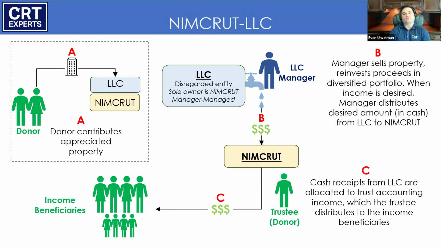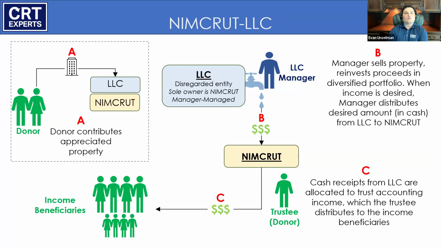The reason why is pretty simple to see. What's triggering the trust accounting income? The cash distributions from the LLC. These are often called spigot or faucet trusts. The concept is that the manager, by making cash distributions or not to the NIMCRUT, is able to turn that income stream on and off.